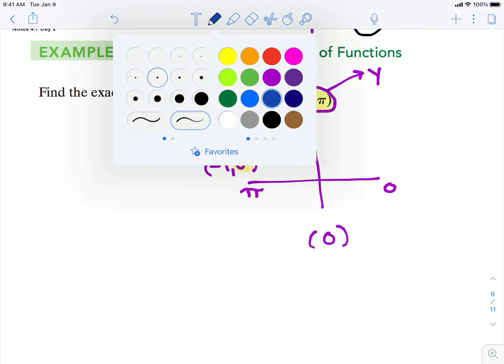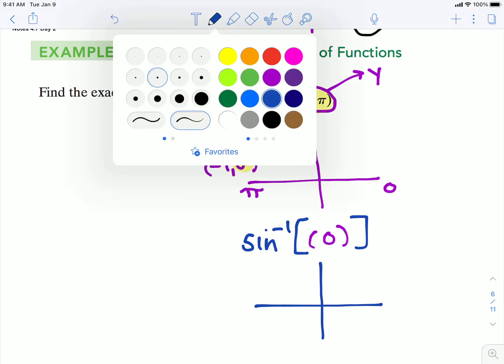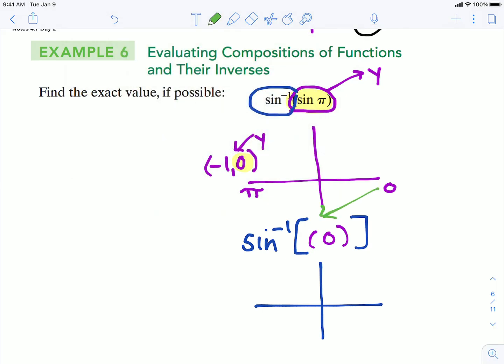And now we work out to that sine inverse. So I'm going to change that to sine inverse of 0. I'm going to create that unit circle again. And now our output should be an angle, because we're taking the inverse of the sine. So we need to look at the half moon.